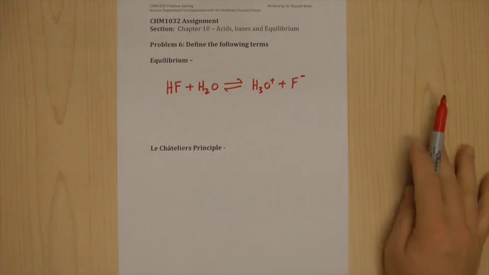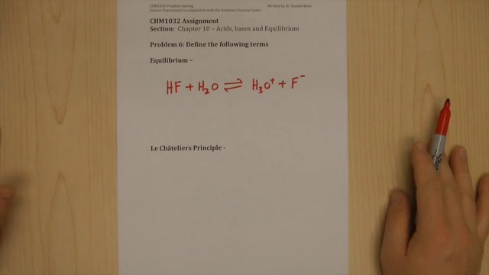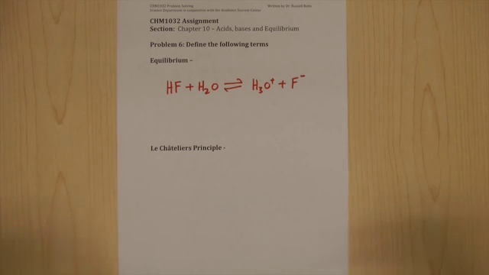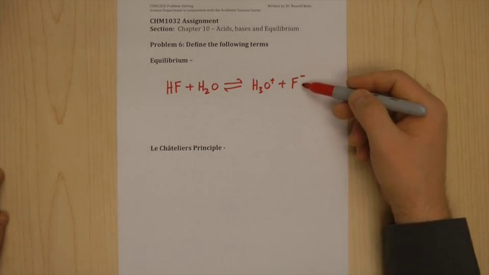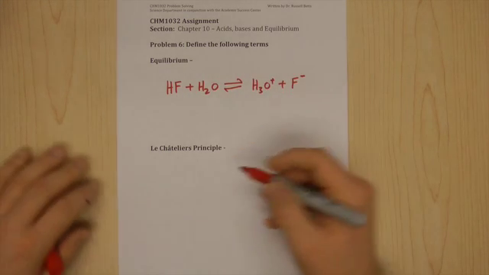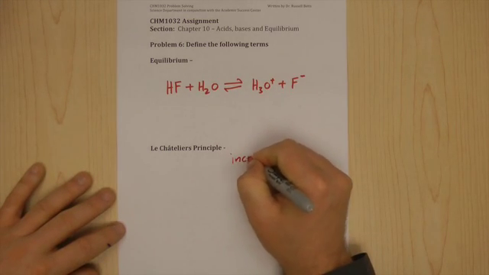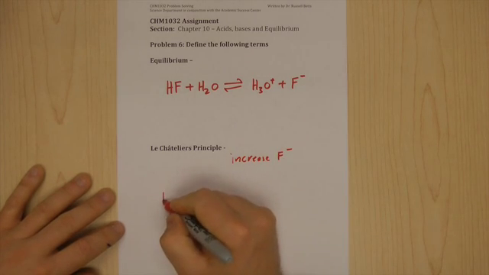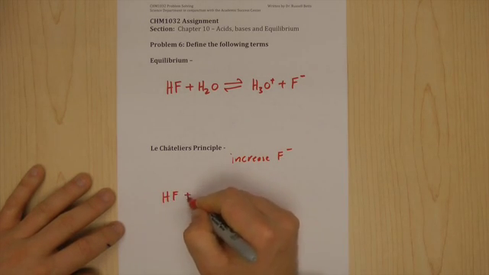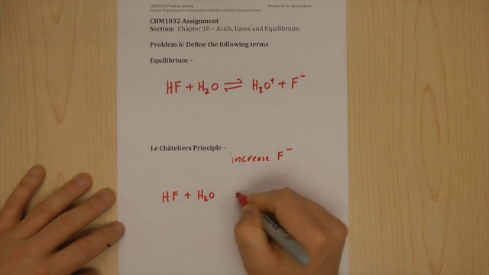So Le Chatelier's principle says, if you interfere with an equilibrium, say by adding more product, the equilibrium will shift this way. So let's say I increase F minus. Let me just try to illustrate this here at the bottom.